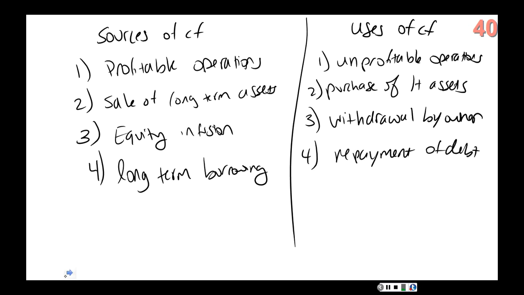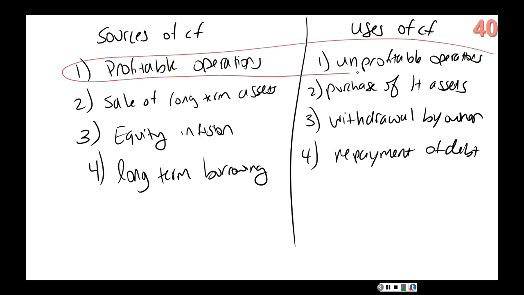So these four sources and uses of cash flow fall into three unique activities. Profitable and unprofitable operations are considered operating activities.